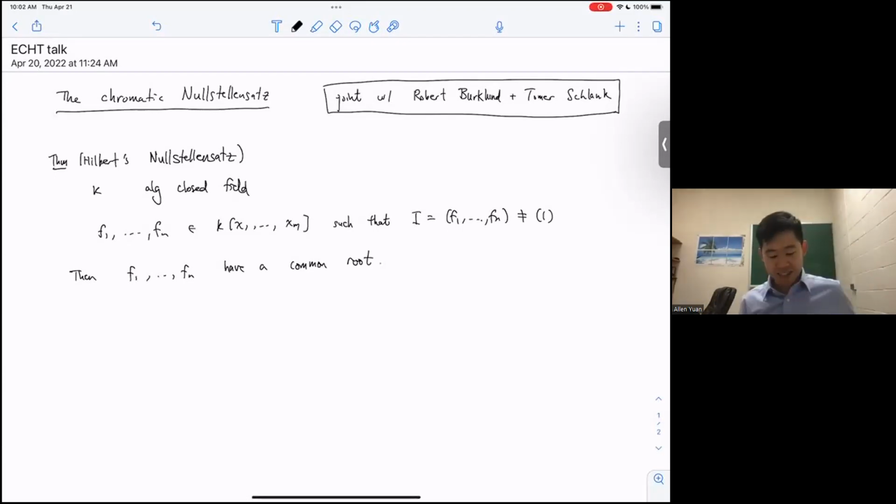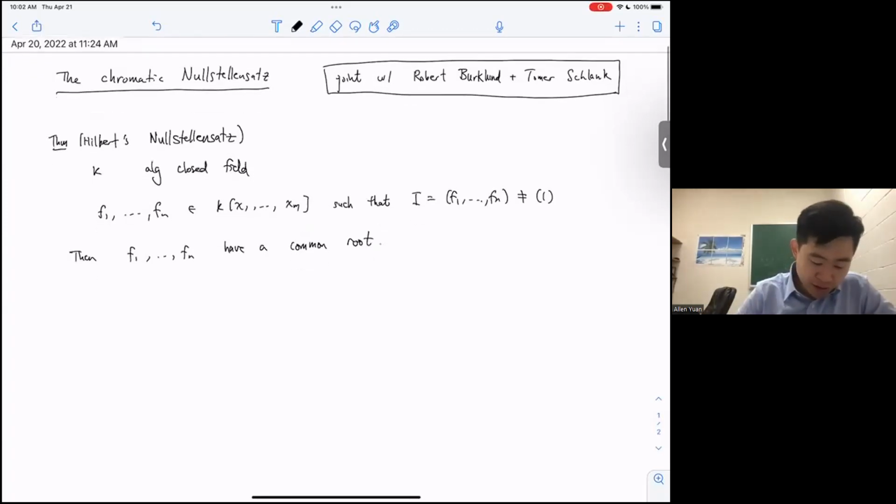So it's something kind of amazing where you can check a condition that's sort of combinatorial, about whether an ideal contains one, and then learn whether or not some polynomials have a common root.